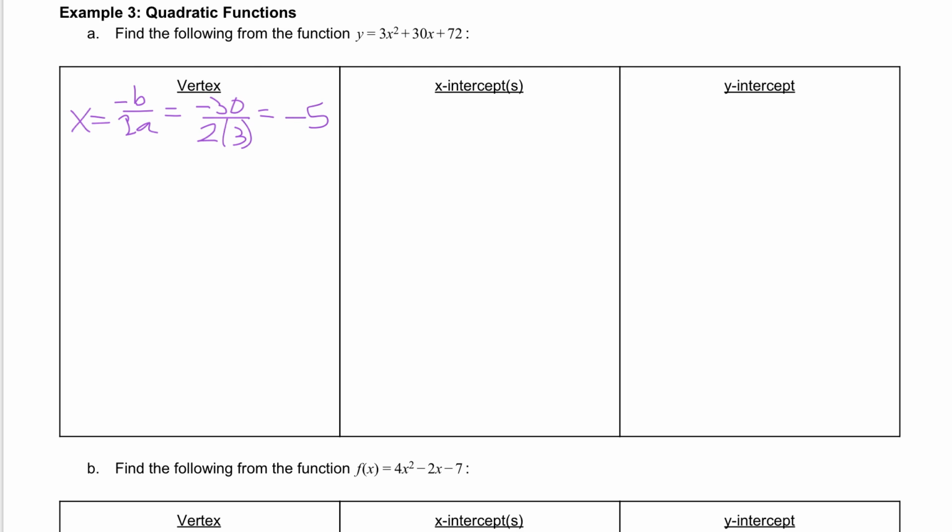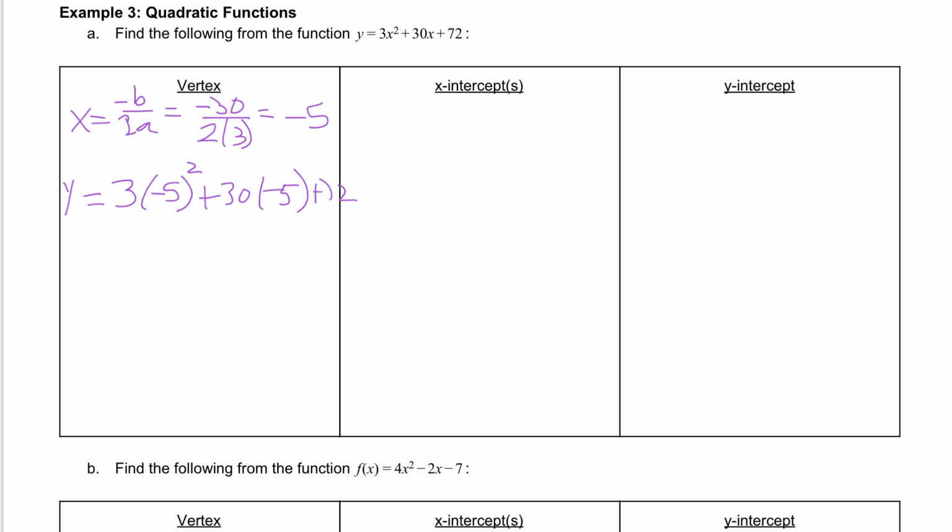And if negative 5 is our x-coordinate, to find the y-coordinate, we are just plugging that negative 5 into our function for both of the x's that are there. And we get 3 times negative 5, remember that needs to be in parentheses, and we're squaring that, plus 30 times negative 5 plus 72.